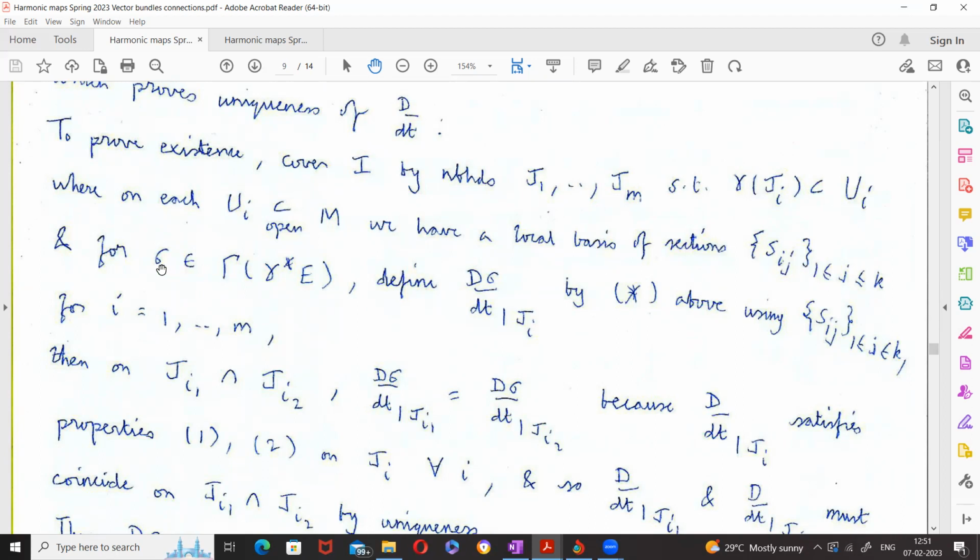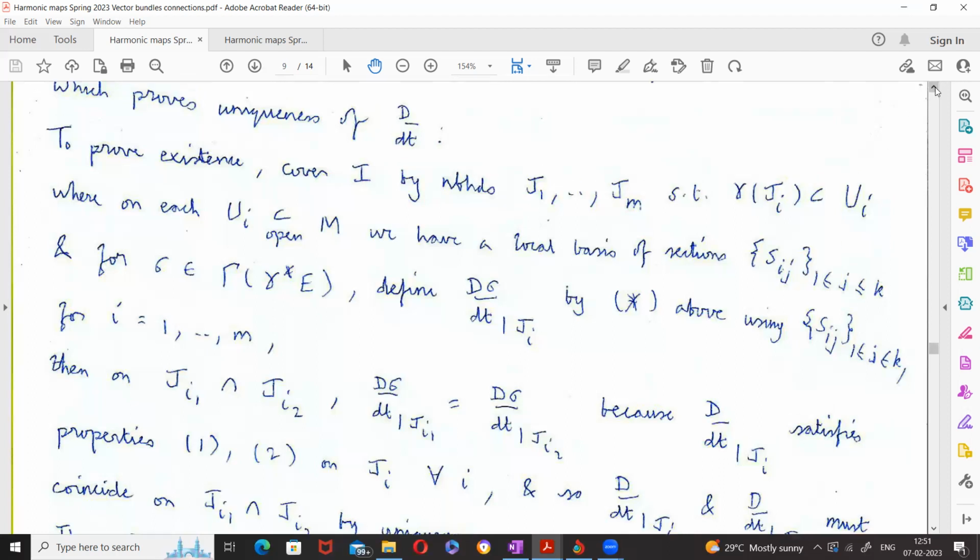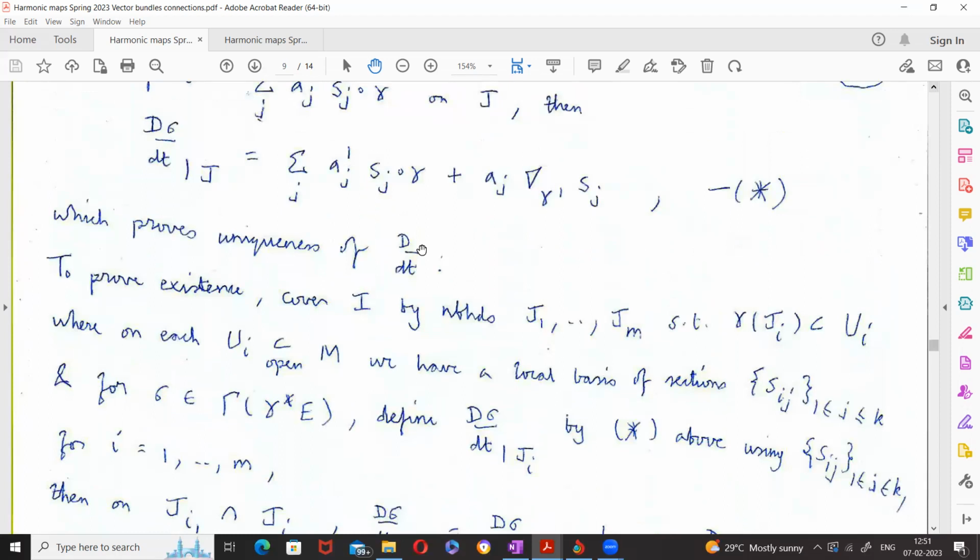And then for any section sigma along gamma, you define d sigma dt restricted to the interval Ji by this formula star. Okay. Using on Ji the local basis Sij. All right.